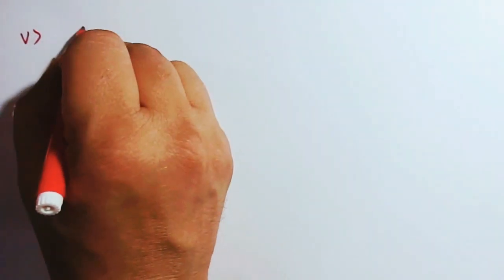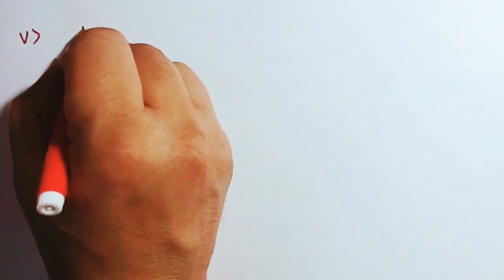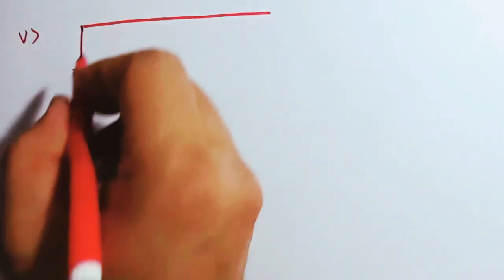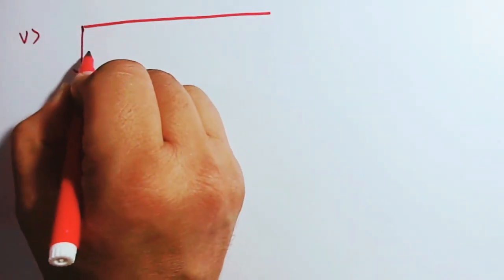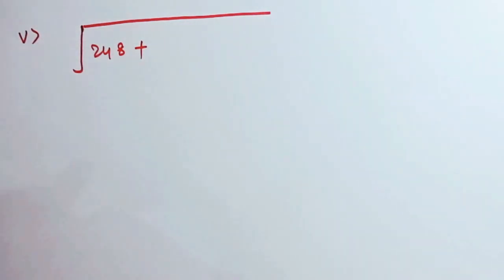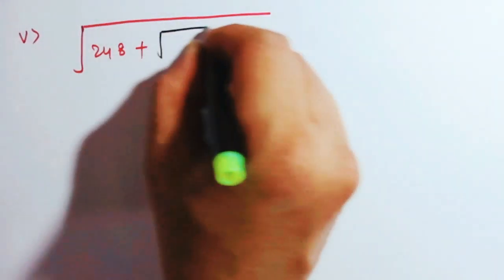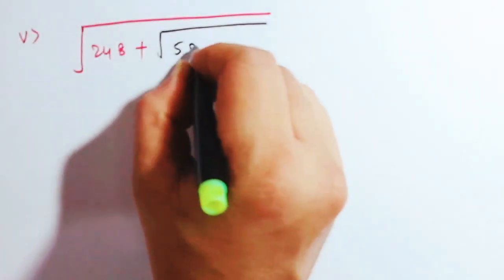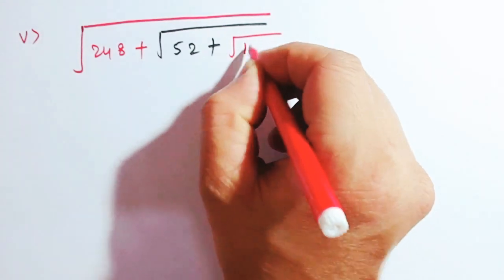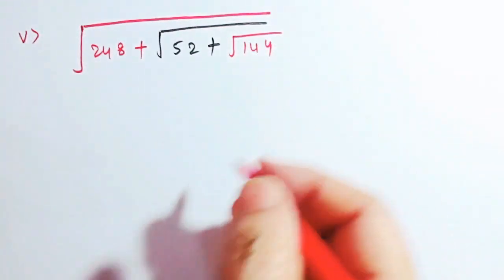Come to number 5. In number 5, this is the last one. They are asking us to find the square root of 248 plus whole root 52 plus whole root 144. I think this is the easiest one.